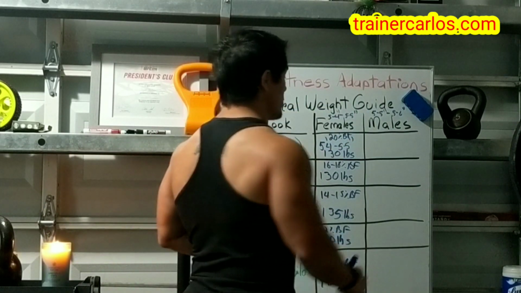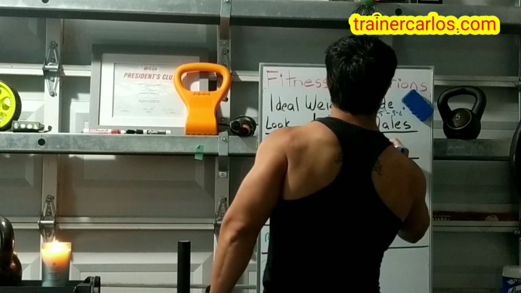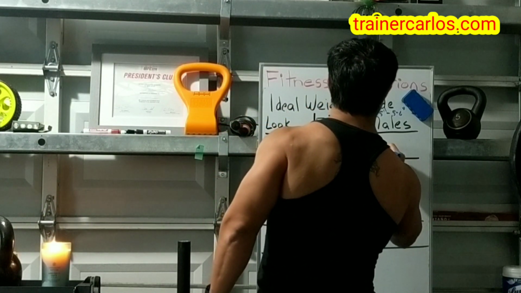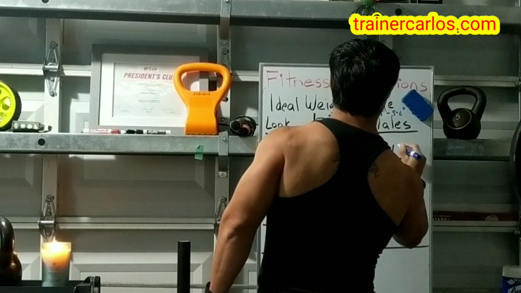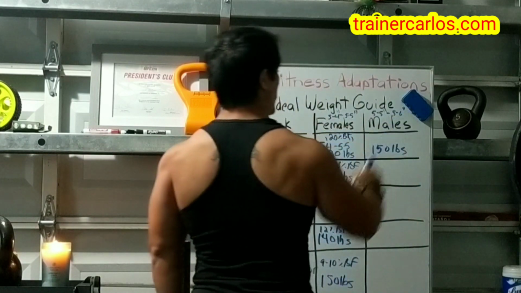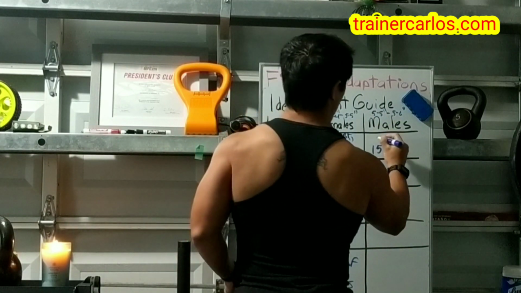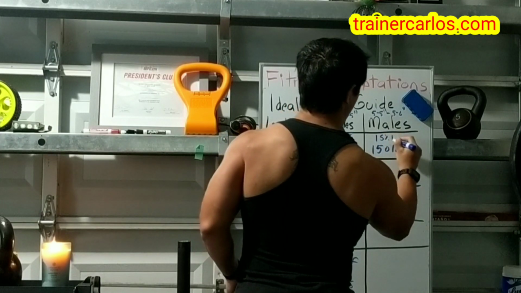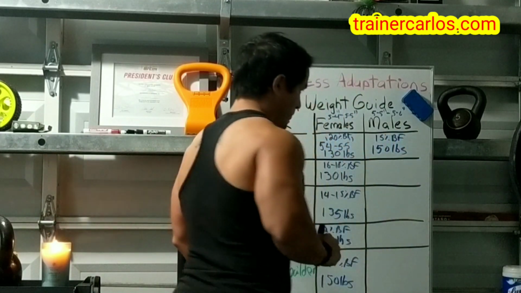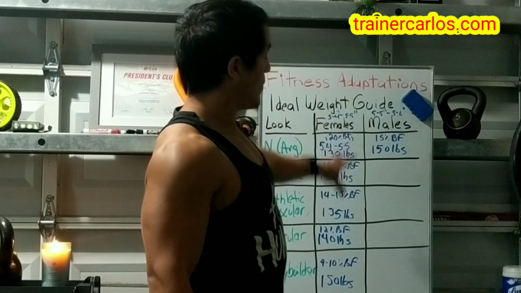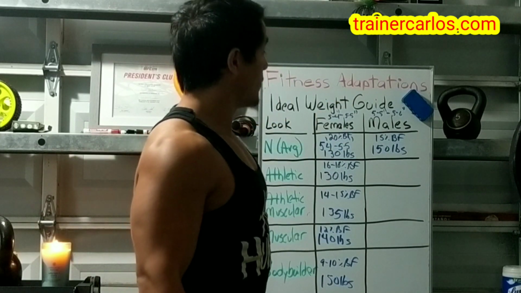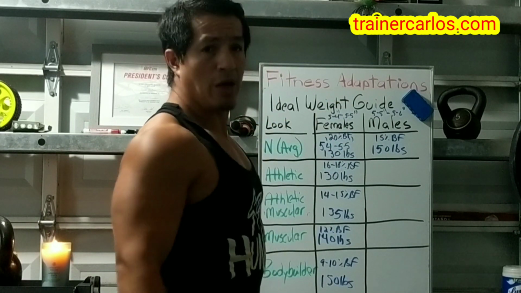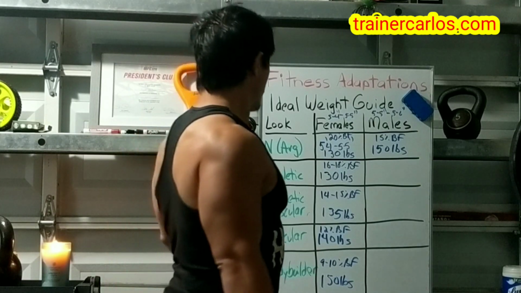So normal, average, I'm going to say you're going to be 150 pounds at 5'4" to 5'6", and you're going to be around 15% body fat. So 15% body fat, 150 pounds. That's a normal body.